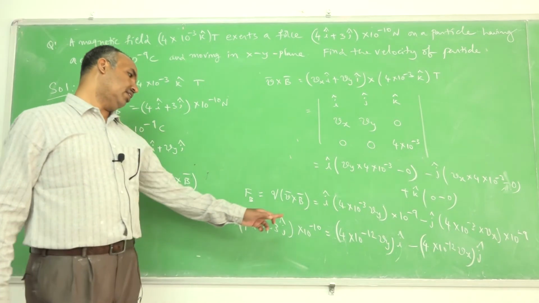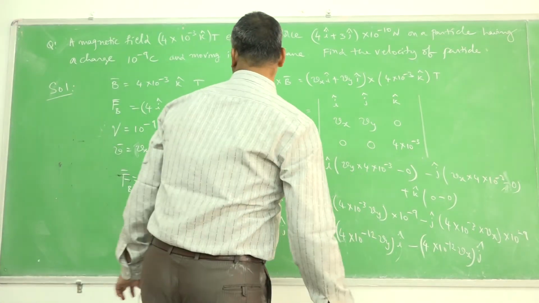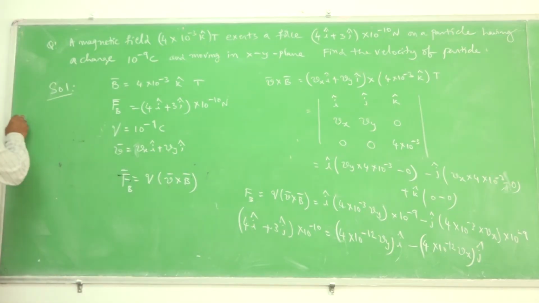If you compare coefficient of i here and here, you will have 4 into 10 power minus 10 must be equal to 4 into 10 power minus 12 Vy. So 4 gets cancelled. Vy is equal to 10 square, as 10 power minus 12 will become plus 12. So 10 square.